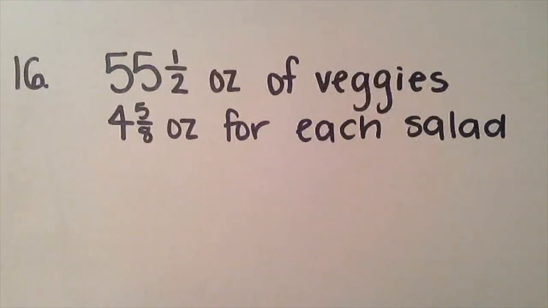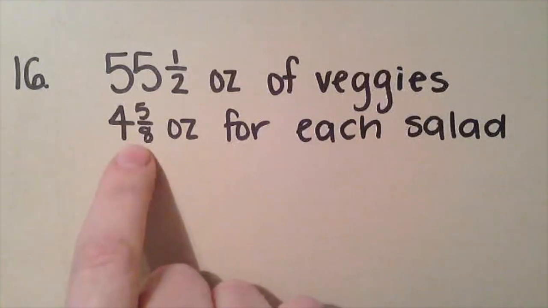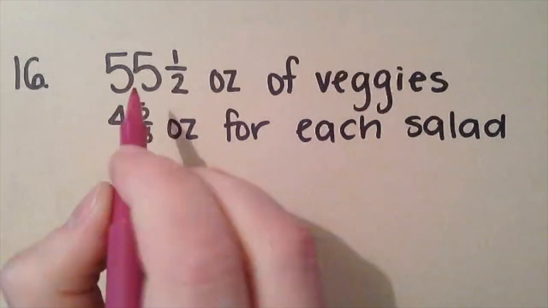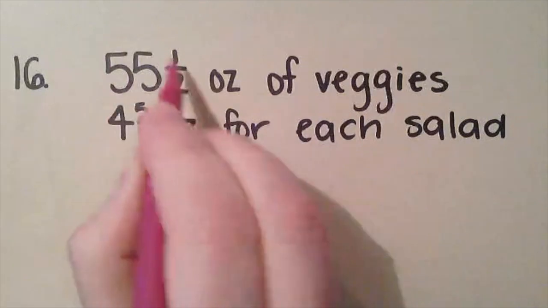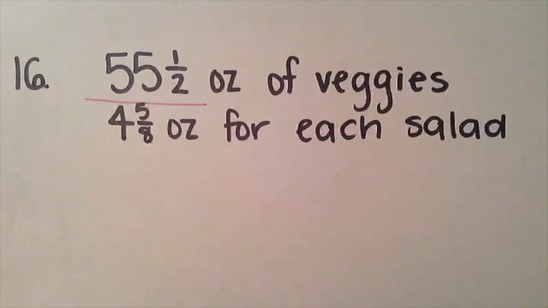So this is a division problem. We're trying to figure out how many of this portion size we can pull out of our total amount. So this is a job for some division. We're going to divide our salad amount by how much salad we're putting in each portion.